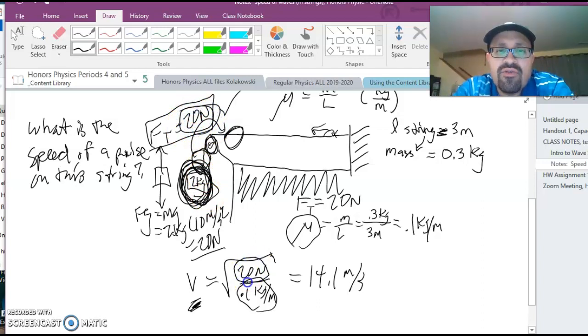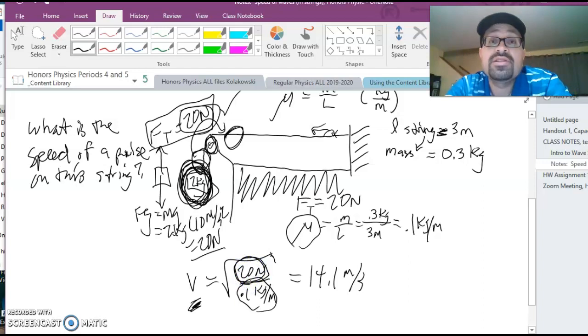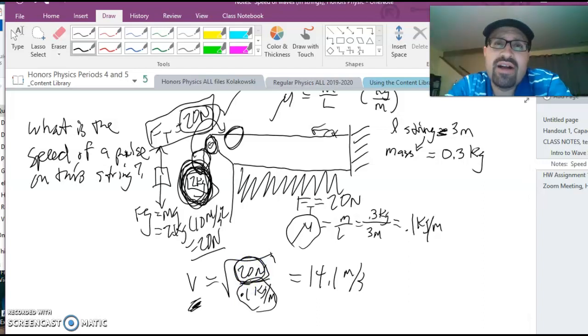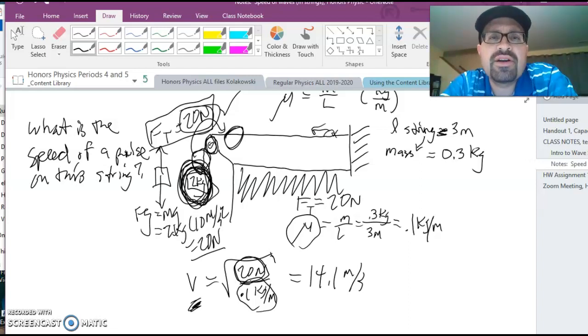You can see that too would affect the pulse and the speed at which it travels across the string. So lots of different things to consider, and hopefully if you read chapter 16.3 and go through the samples there, you'll be in a great spot to understand how this equation works.